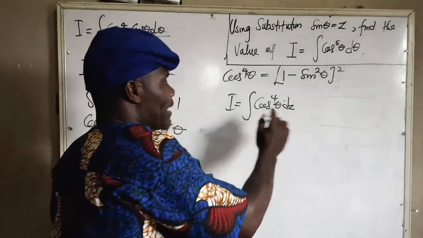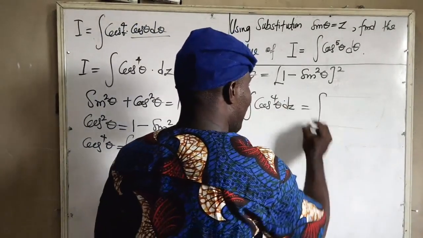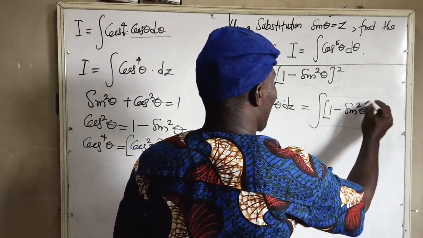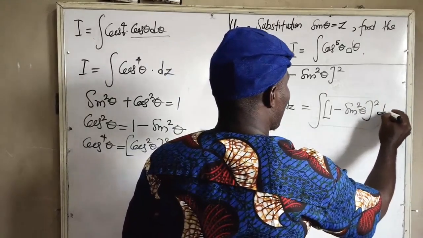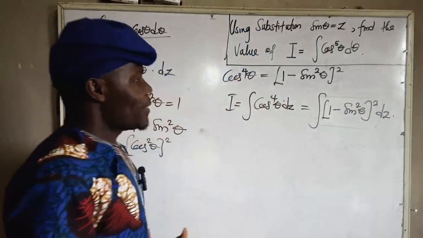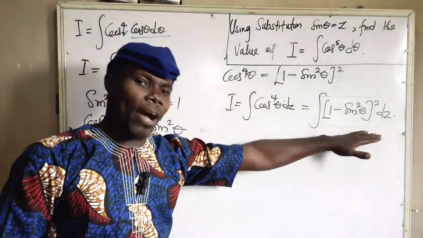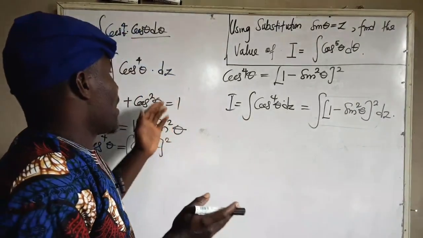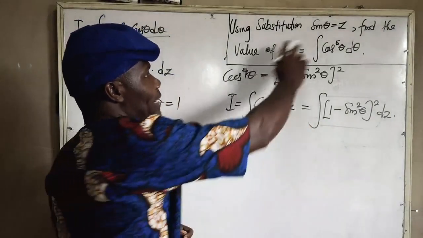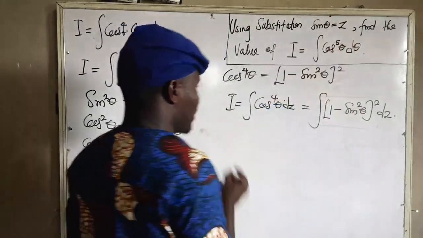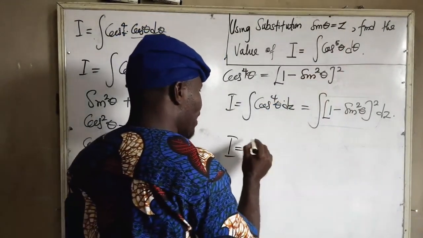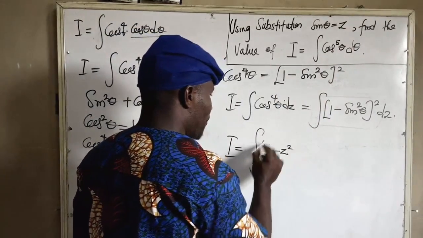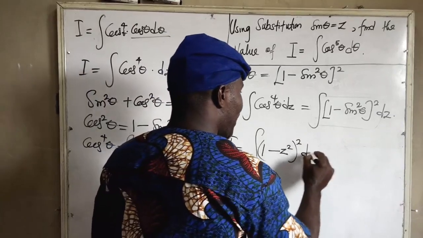So instead of writing this, you will now write the integral of 1 minus sine square theta all squared dz. Since sine theta is equal to z, our I will now be the integral of 1 minus z square, all squared, dz.